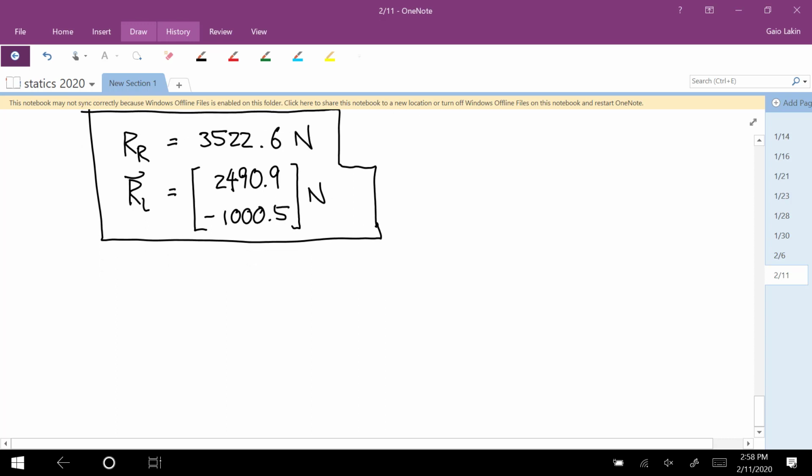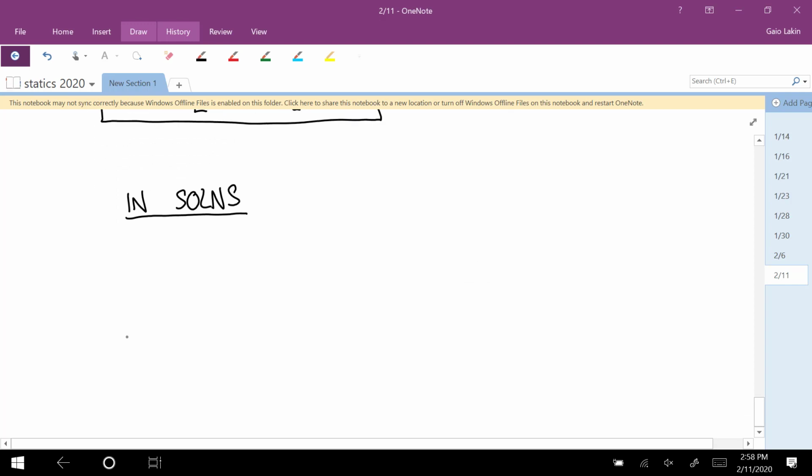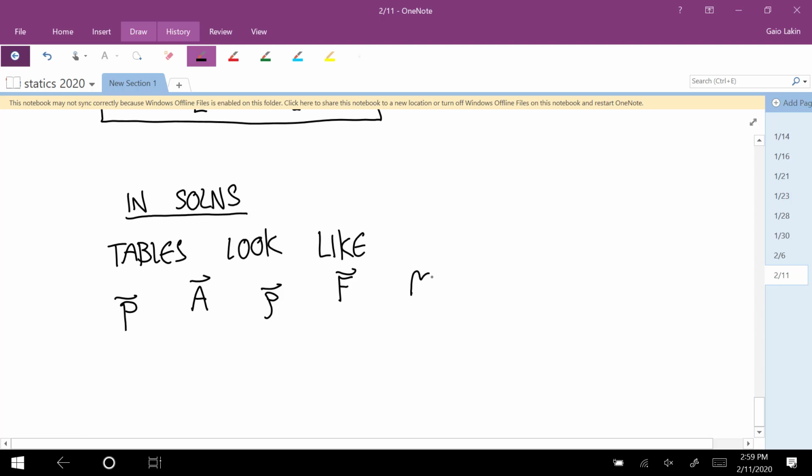The last thing I want to say is, in the solutions to the problems that are on D2L, my tables look like this: P, A, row, force, moment.